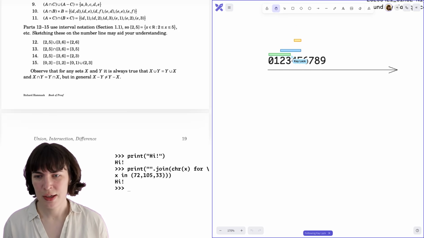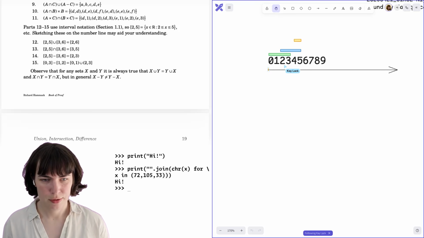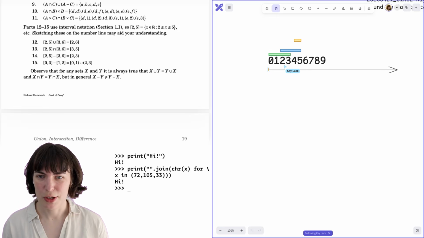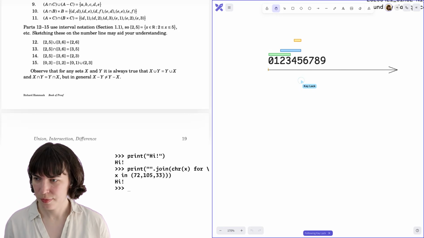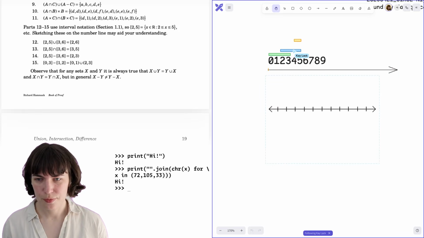Because it's not giving us any ticks. You know what? This will be way better if I can have a proper image. Come on, there we go.